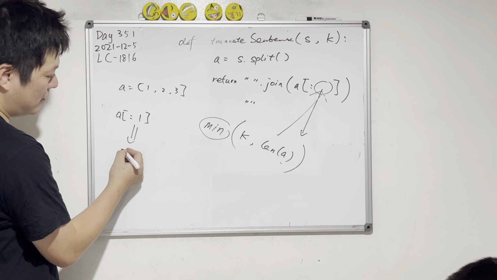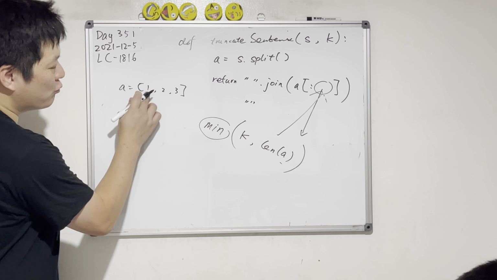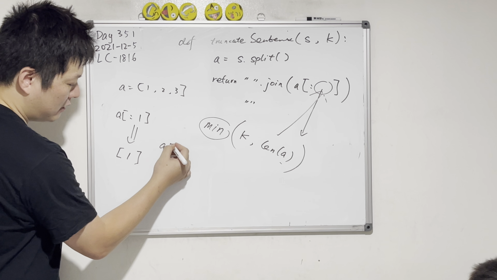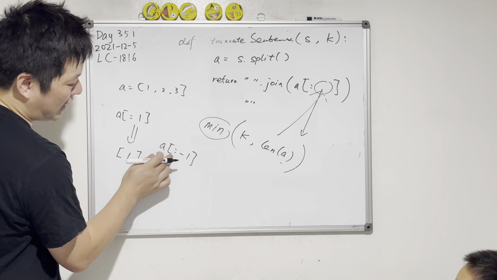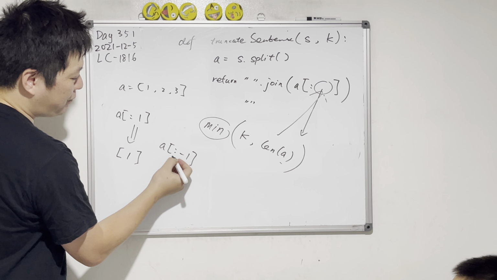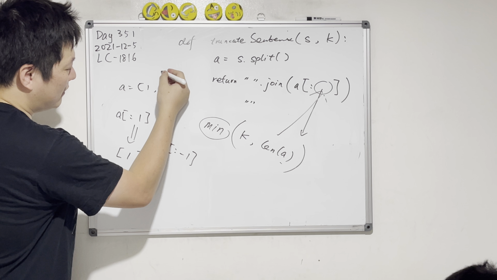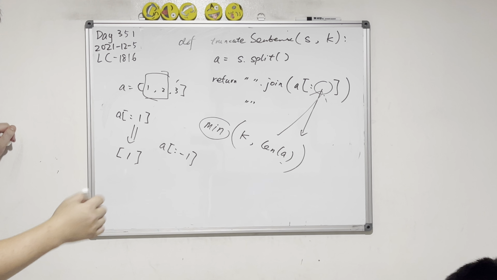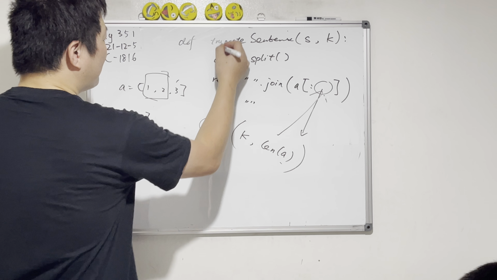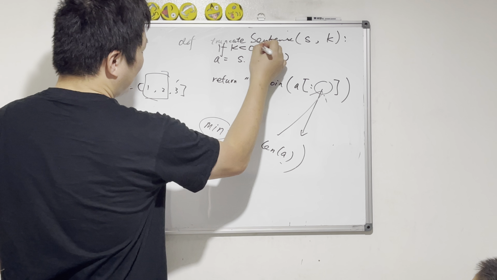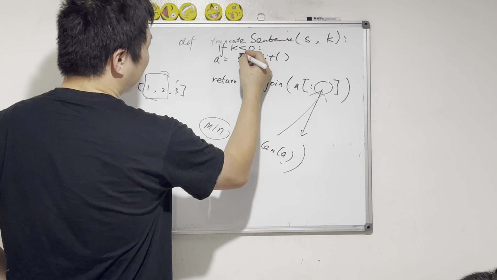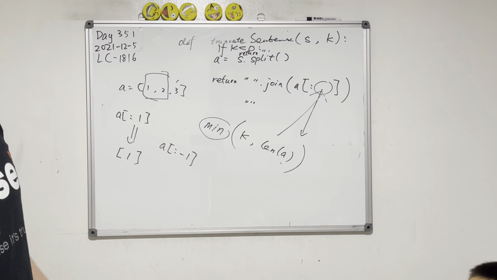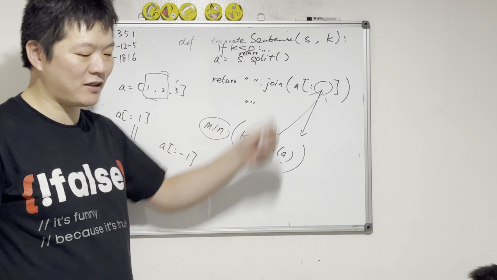It will be up to 1, so there will be 1, right? A up to minus 1, so this still makes sense. Up to minus 1, it will be up to this one, right? So it's better we check this K. If K is smaller than 0, then it doesn't make sense, right? If K is smaller than 0, we just return nothing, or we can throw an exception. Raise an error, okay?